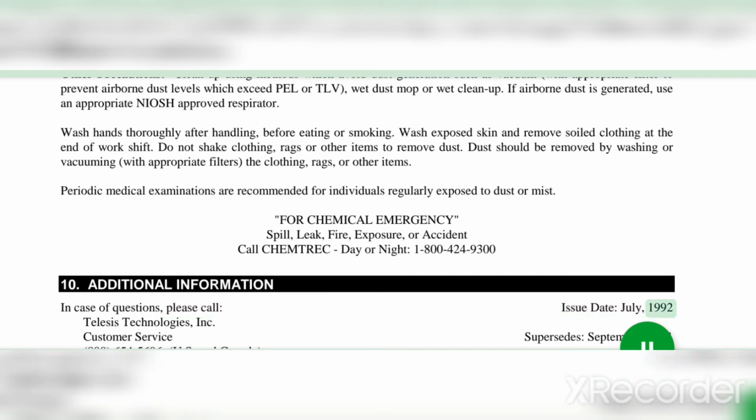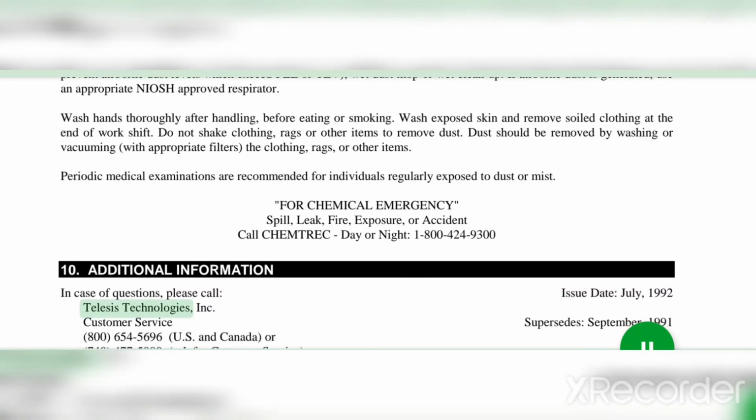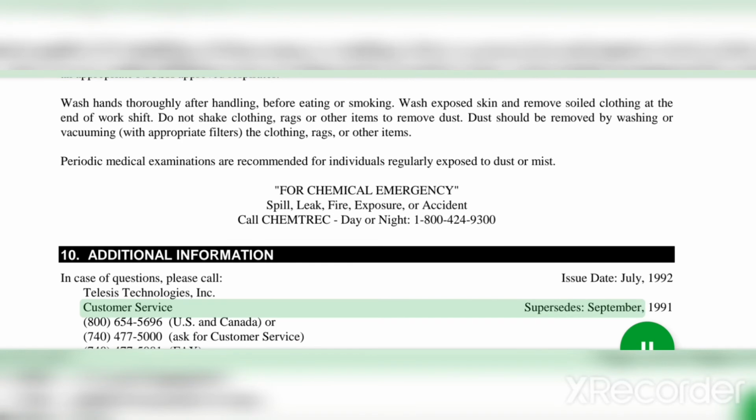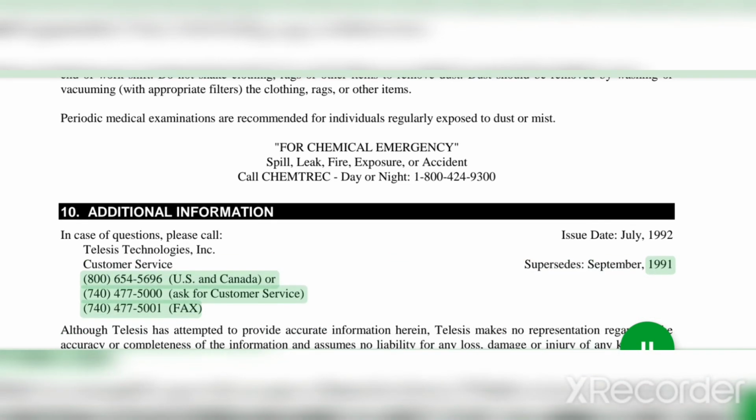Issue date July 1992. Telesis Technologies, Inc. Customer service. Supersedes September 1991. 1-800-654-5696 US and Canada or 740-477-5000. Ask for customer service. 740-477-5001 fax.